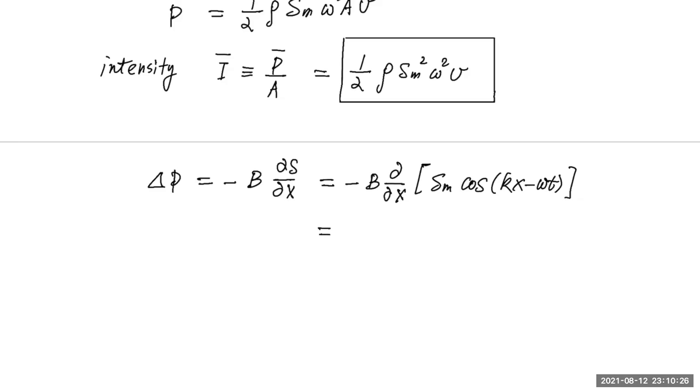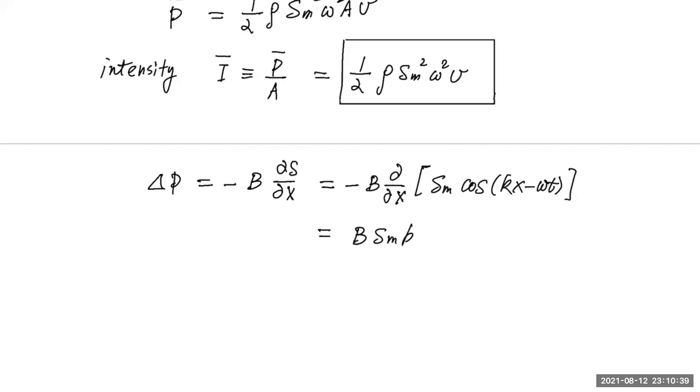It is going to be B S maximum omega, actually K, because you're taking the derivative with respect to X, not to T, so it's actually K here. Then you have a sine function, sine of kx minus omega t.